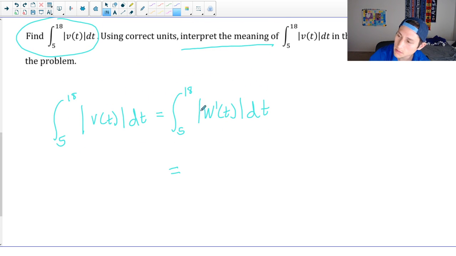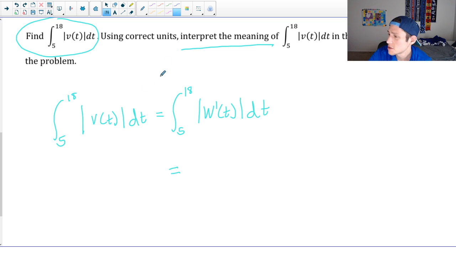Okay, and so what does it mean when we take the integral of an absolute value? Well, what this represents is we don't want to think about positive and negative areas under the curve. We just want to consider what is the total area altogether, right? Forget about negative, positive. So that's why we have absolute value.